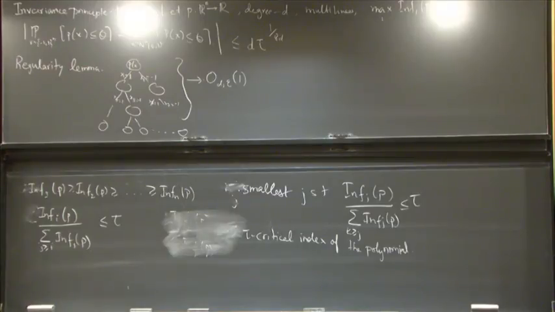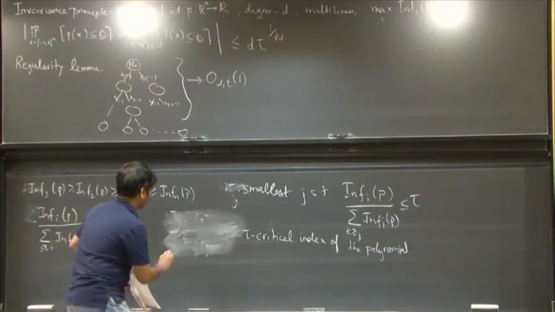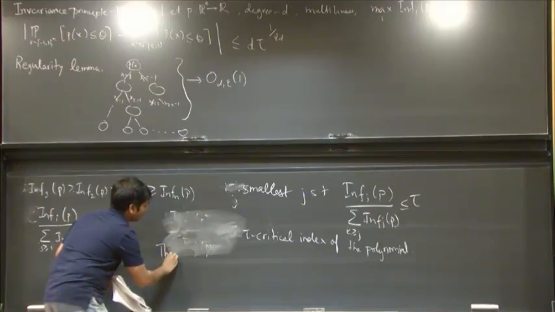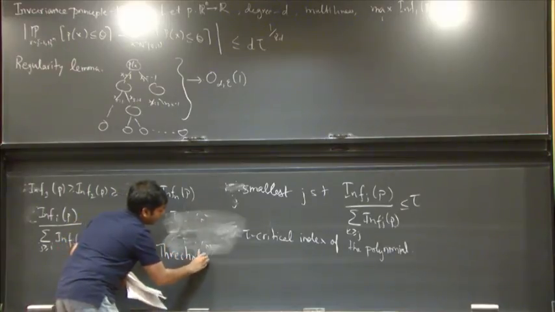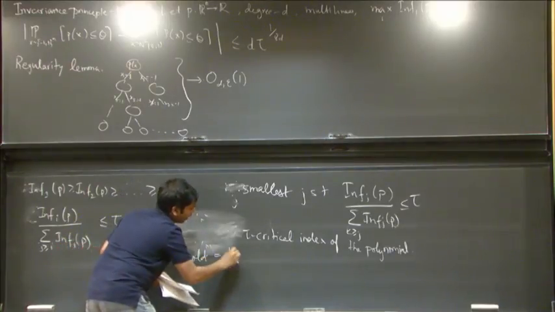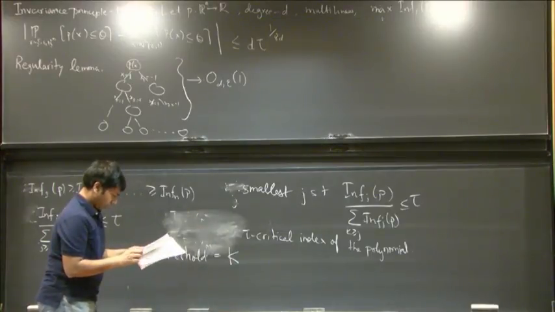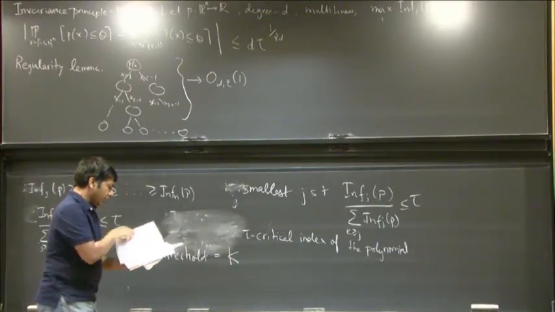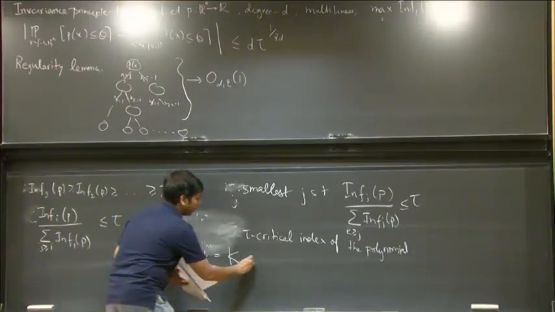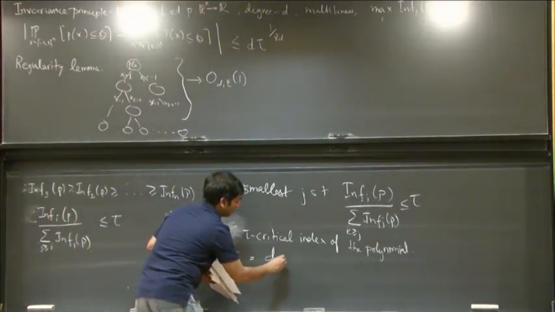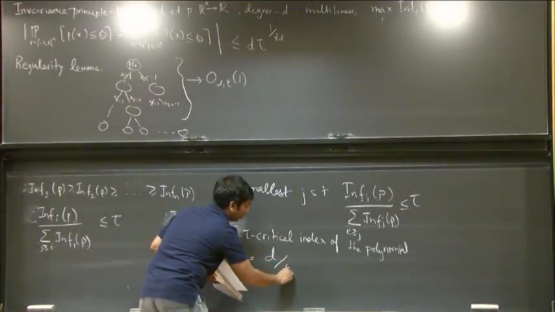And then you choose some threshold, capital K. It's some function of d and tau, maybe d over tau or something.